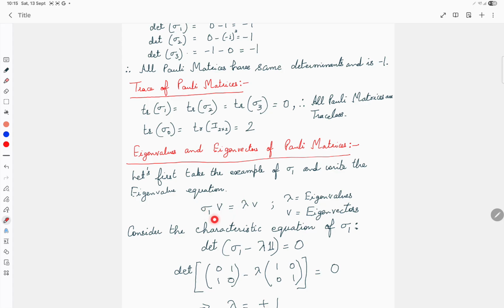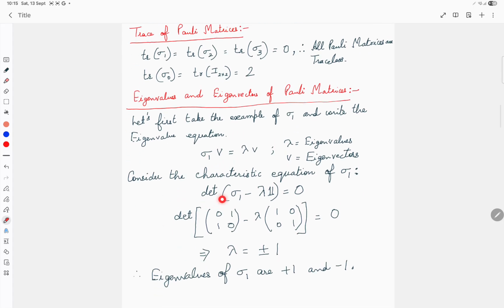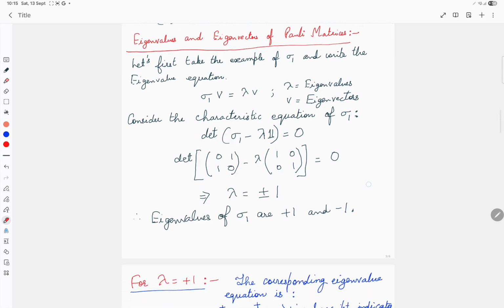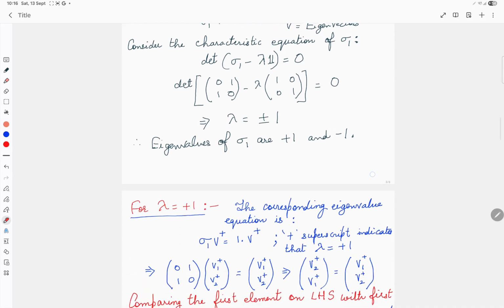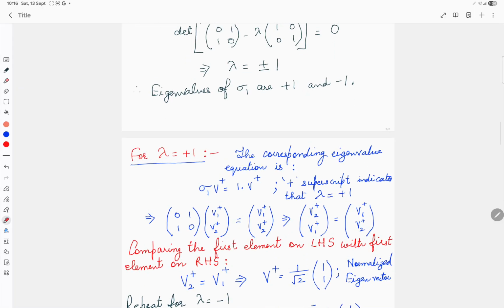Now if you consider the characteristic equation of sigma 1, which is the determinant of sigma 1 minus lambda times the identity matrix, and we put it equal to 0, we find that the two eigenvalues are +1 and -1. So corresponding to the +1 and -1 eigenvalues, we need to find out the eigenvectors.